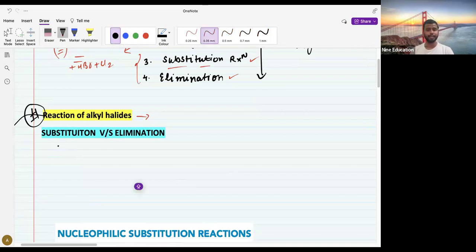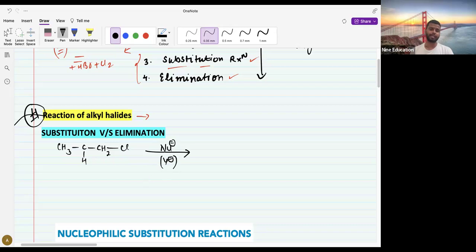So first let's see: I have this substrate, with the group CH3, CH2 and Cl. In this I put any nucleophile, any electron rich nucleophile, let's say Y negative.